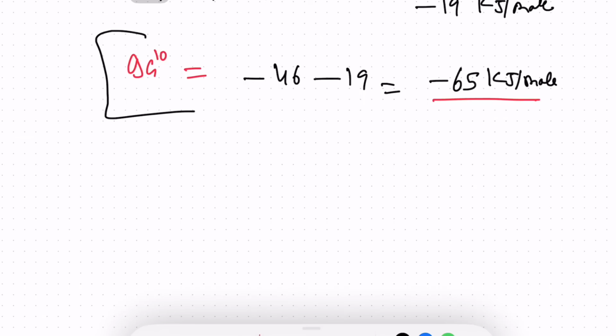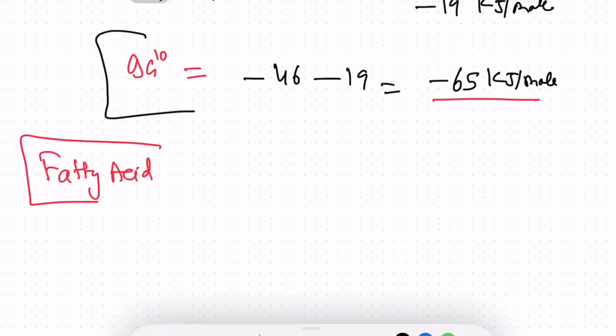And here keep in mind, when there is activation of a fatty acid, we will discuss, there is an adenylation reaction.